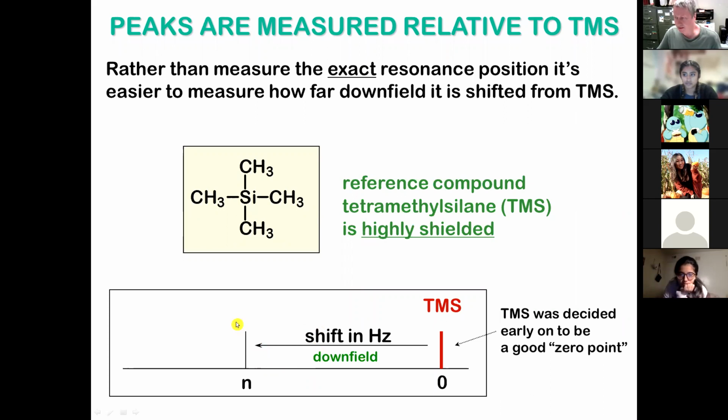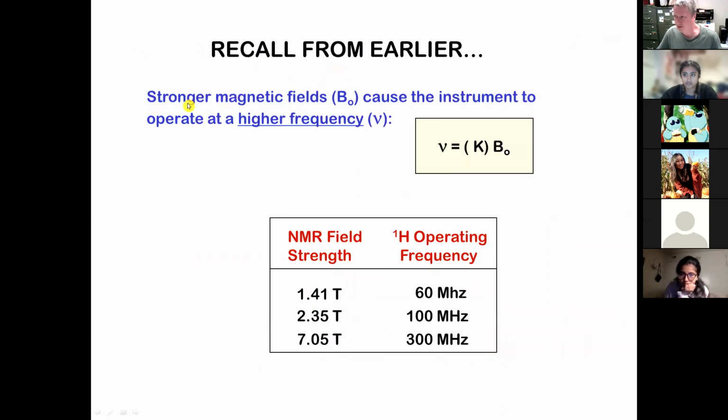So what modern NMR does is we change this to make it independent of the magnet. Recall from earlier, a stronger magnetic field causes the instrument to operate at a higher frequency. The frequency is correlated to the magnetic field strength. So if you have different frequencies, then your NMR axis is totally different. This would be really annoying.